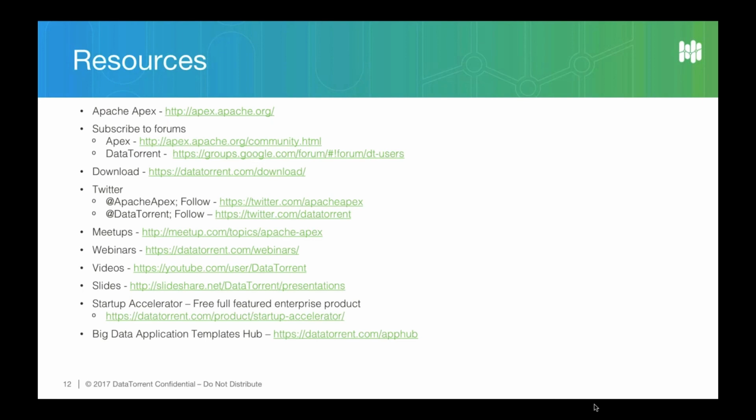Other than that, if you want to participate in the discussions for DataTorrent RTS console or app templates, then there is another forum, a Google group called DT users. You can go to DT users and ask questions. That's community support for app templates and DataTorrent RTS. And there are other URLs here as well. We will be posting the slide deck to SlideShare and uploading the webinar recording to YouTube, so you can refer to them later as well.